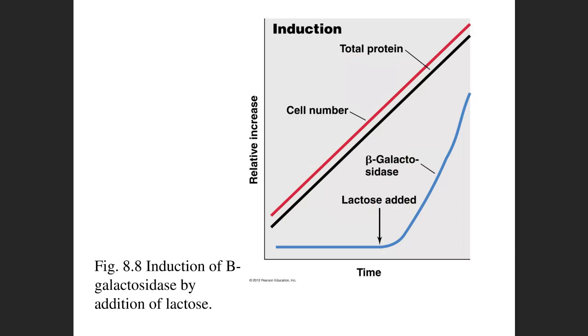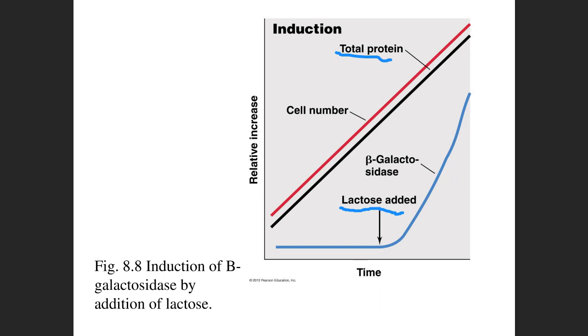Okay. So what happens in nature is this. If this is a graph looking at the relative increase, you have bacteria growing, the cell numbers are growing, and the total protein, so here's total protein, right? And that's increasing. And when you add lactose, the beta galactosidase, you actually have to remember, is the product of LAC-Z.